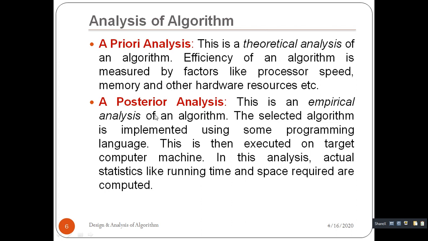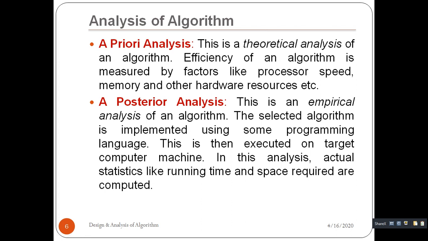But in posterior analysis, we do actual analysis of an algorithm without taking the hardware components of a computer system into much consideration. Here in posterior analysis, we calculate two things to check the efficiency of an algorithm.